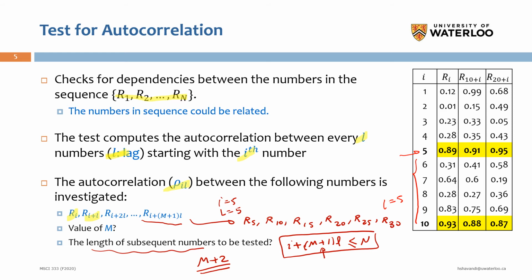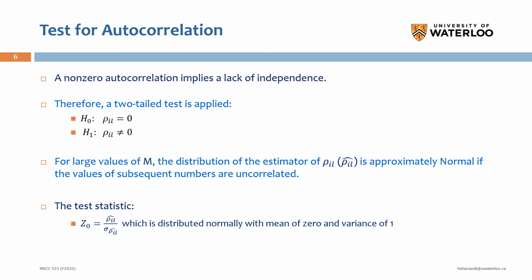Okay. A non-zero autocorrelation for any subsequent numbers will be considered as a lack of independence. So here we have a two-tailed test for the correlation between the numbers. H0, the null hypothesis, is rho iL equals 0, and H1 is against the null hypothesis.